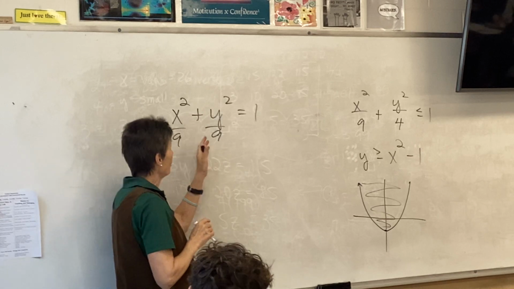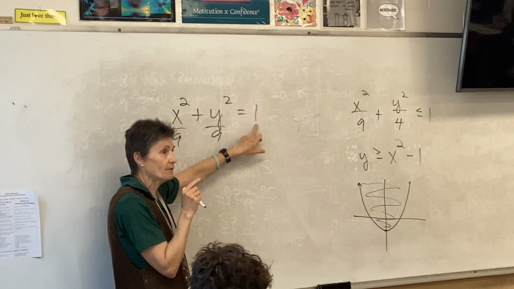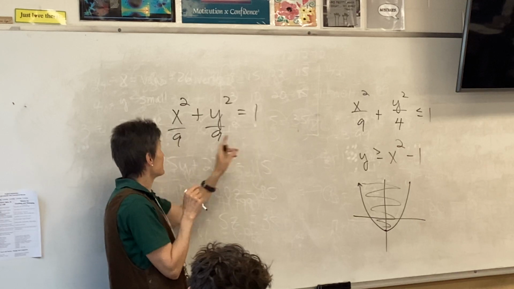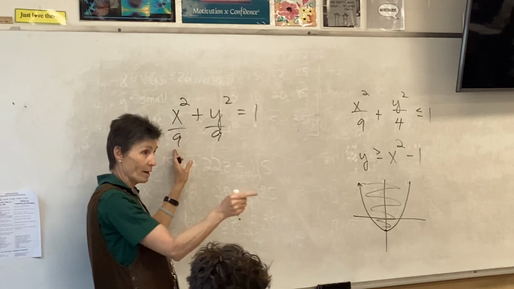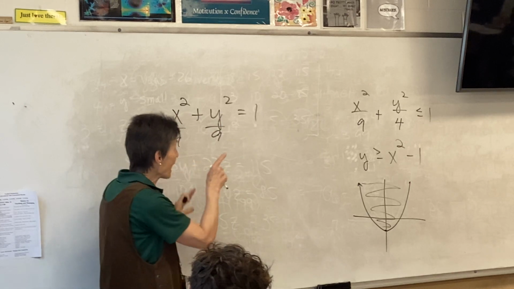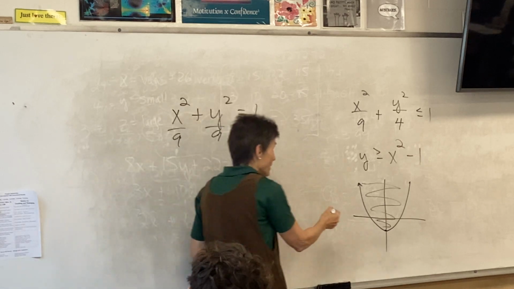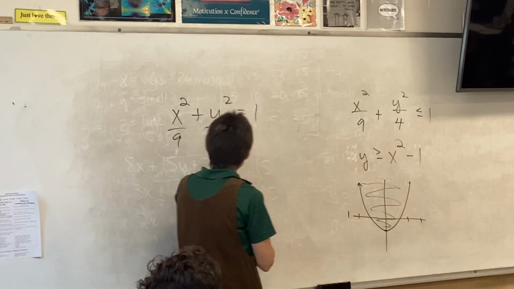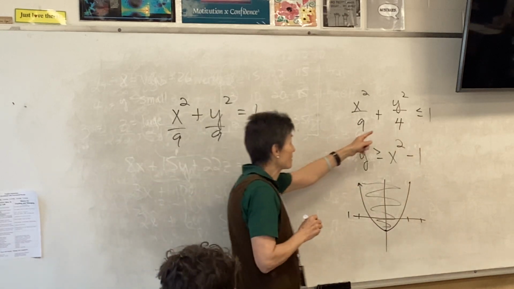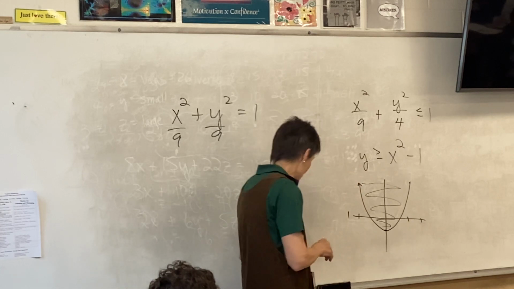And the circle had a radius of 3, which means that in all directions, x and y, you went 3. Well, what happens when that stays a 9? That still means I'm going 3 sideways, okay? But now, that number is a 4, which means up and down, I'm only gonna go 2.